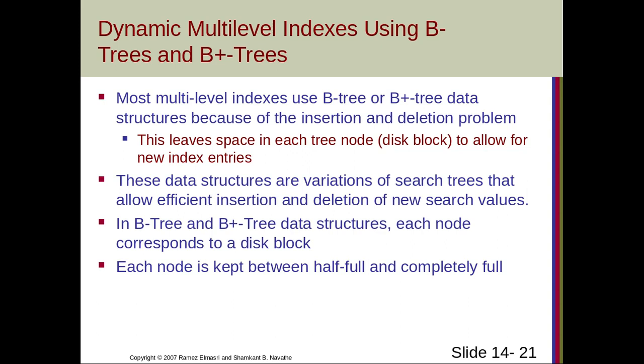These data structures are variations of search trees that allow efficient insertion and deletion of new search values. In B tree and B plus tree data structures, each node corresponds to a disk block. In our previous class we discussed what a block is.